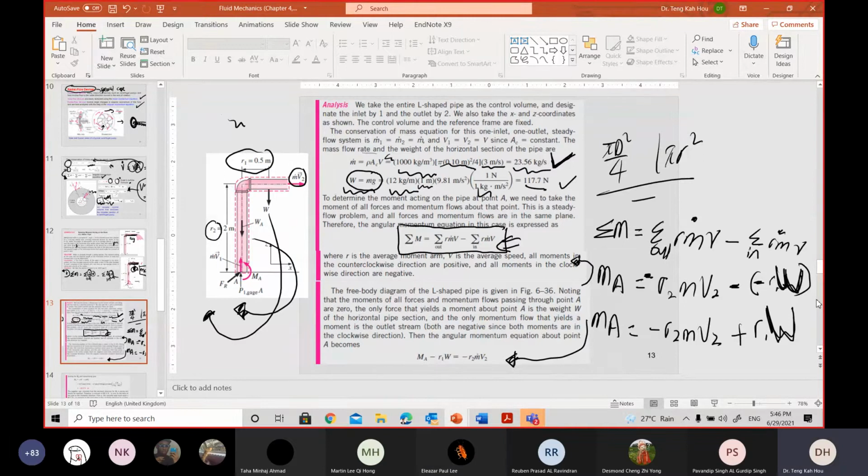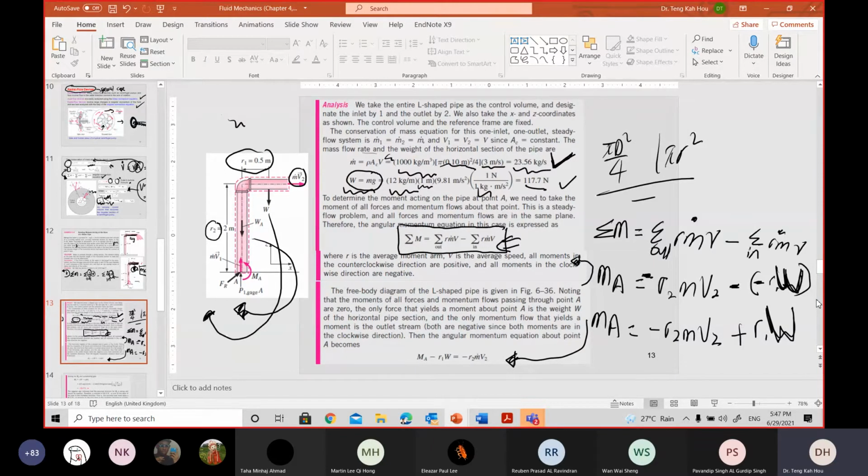Yes, sir. For the R1 weight, why do we have to put negative? Because of the formula. Okay, just start from here. Don't let this formula confuse you first. I know that's my summation of rMV. I write it down first, but because I already assume this rotational direction is my positive, this one will become my negative because it rotates in another direction.